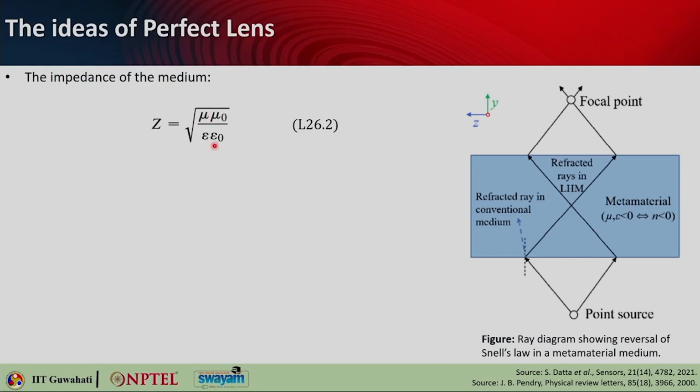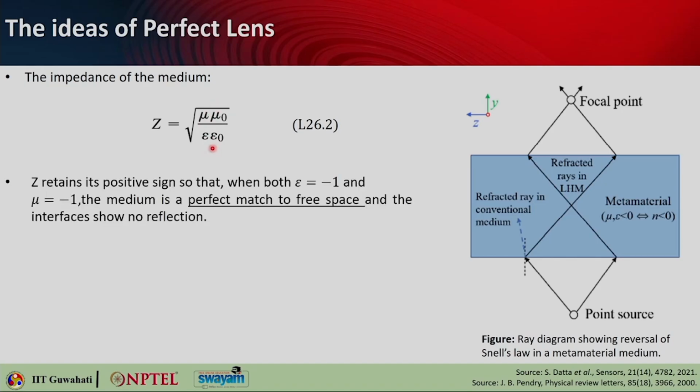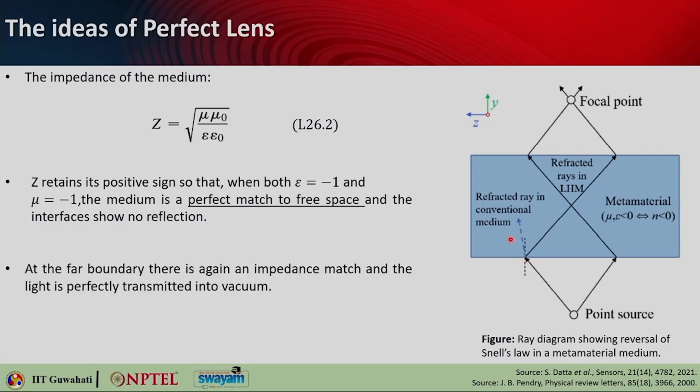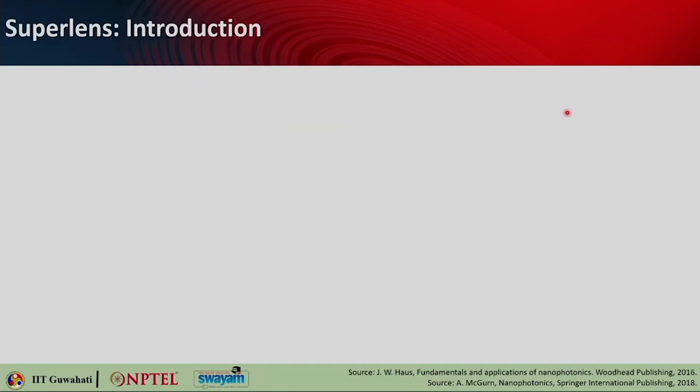Now, here if mu and epsilon are both negative, they cancel each other, and in that case you will get an impedance that is the same as that of free space. So, it is matching perfectly with free space, and that is why this kind of interface will never show any reflection. Moreover, at the far boundary there is again an impedance match, and that is why light can perfectly transmit into the vacuum. So, this is how you can actually realize a perfect lens.